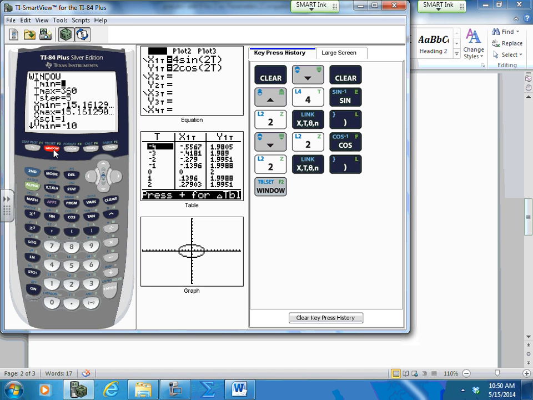But the reason I put it at 5 is it goes a little slower so you could watch this graph. My X-min and my X-max probably don't have to be this large. Let's just do -5 to +5 for both of these.